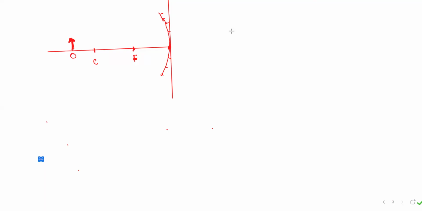And you are free to choose any two. A ray of light parallel to the principal axis. And here, when you are doing this, your parallel lines must be well drawn.